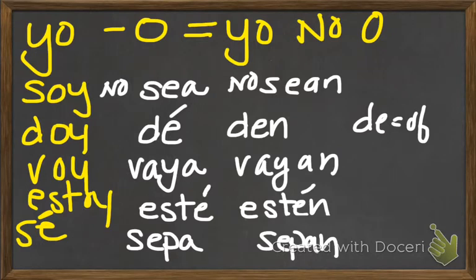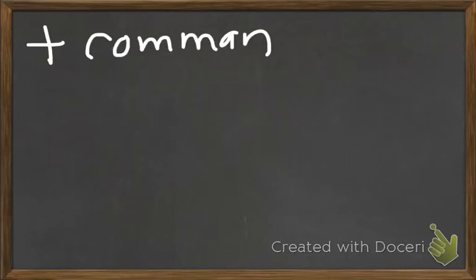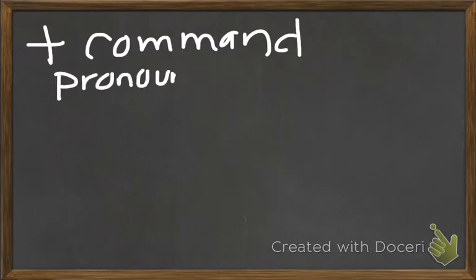The last thing I want to talk about is how to put pronouns on these guys. So the pronoun placement for any positive commands, you need to do two things. First, the pronoun is placed at the end as part of the word.